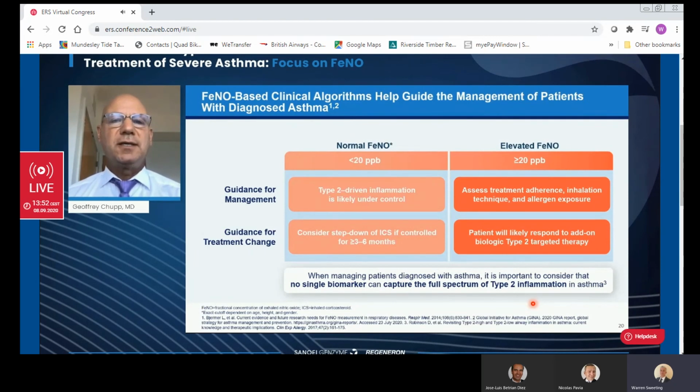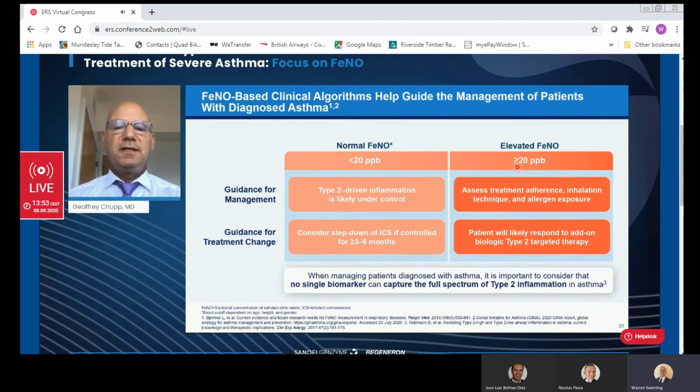And what we can see, I think, to summarize what the slides have shown, is that when patients have elevated levels of nitric oxide, above 20 parts per billion, then this is a marker in the clinical situation where a patient is not adequately controlled or has exacerbations or has low lung function, that you should spend special time and care to evaluate that patient and assess treatment adherence and their technique to ensure that they're using their inhalers properly, and consider additional treatments to maximize the anti-inflammatory effect.